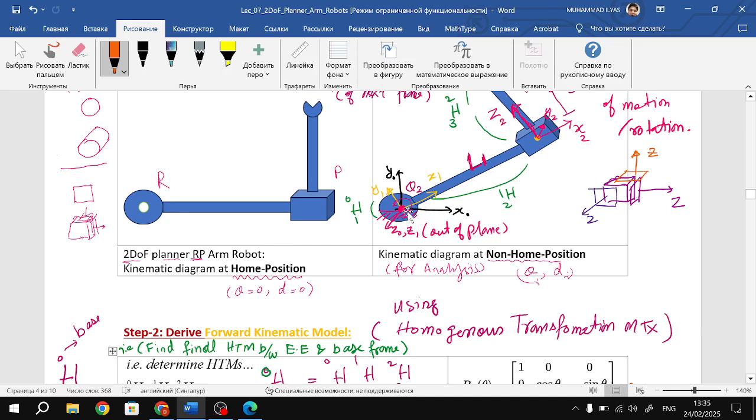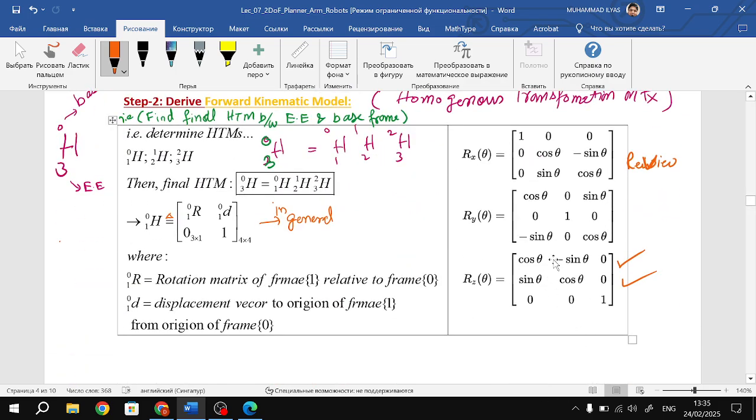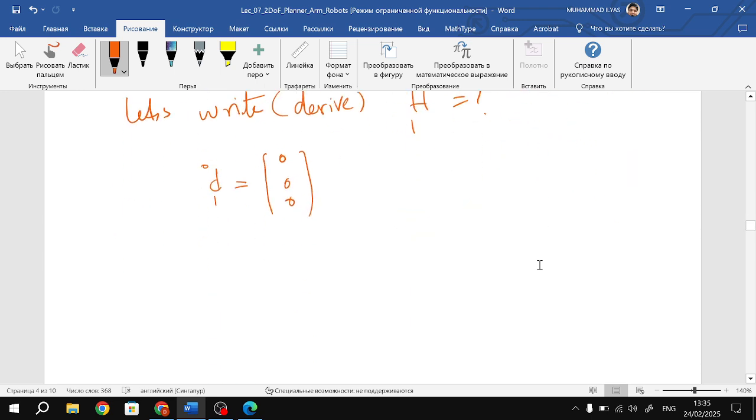And what will be the rotation matrix between frame 0 and frame 1? It will also be 0 because we don't have any rotation. No, we have rotation theta 2, a rotation about the z axis. So, we will use this one with theta 2, right?